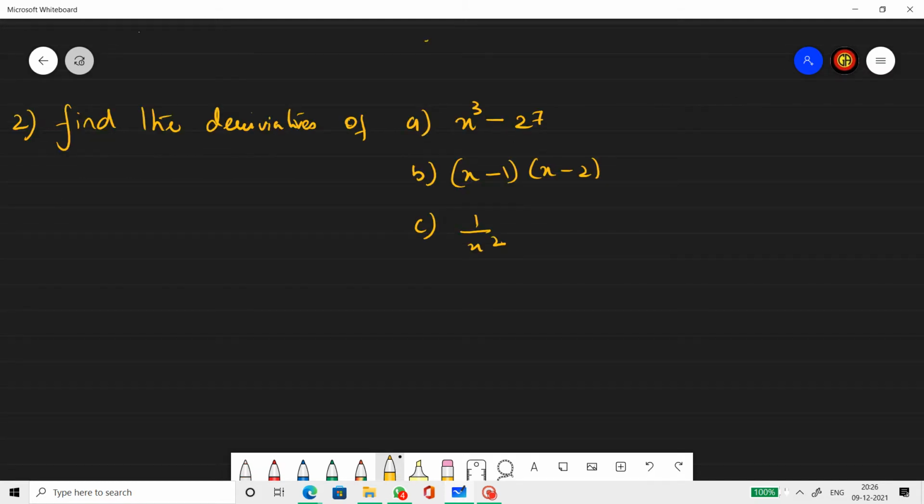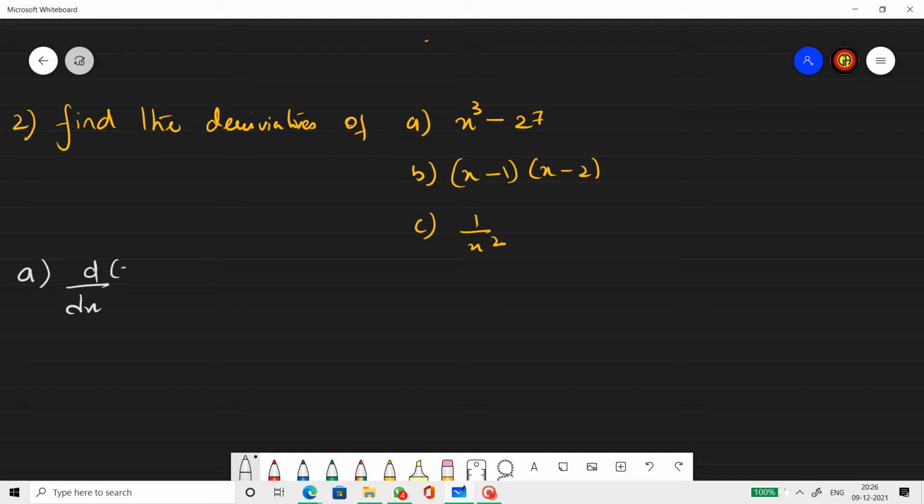So the next question, find the derivative of x cube minus 27. Find the derivative of x minus 1 into x minus 2. And then find the derivative of 1 by x square. So question number 1.